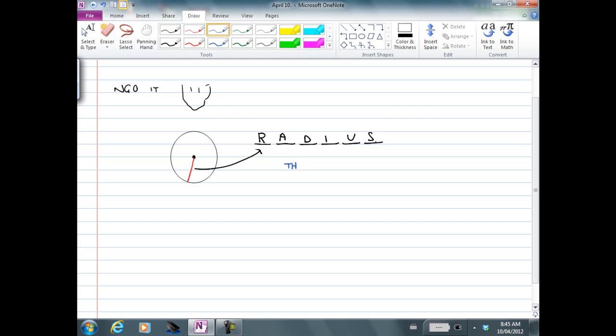The line from the center to the edge of the circle. It's the line from the center to the edge.